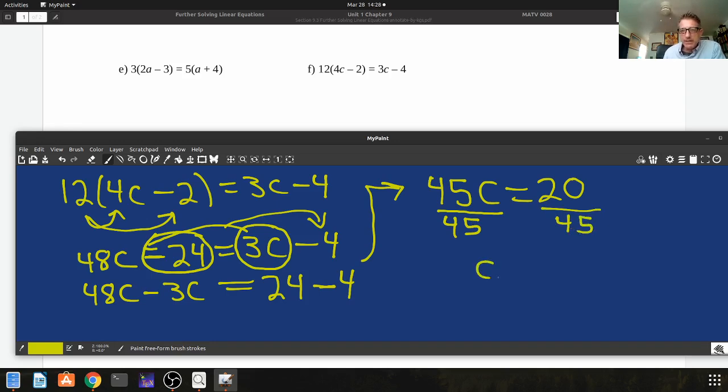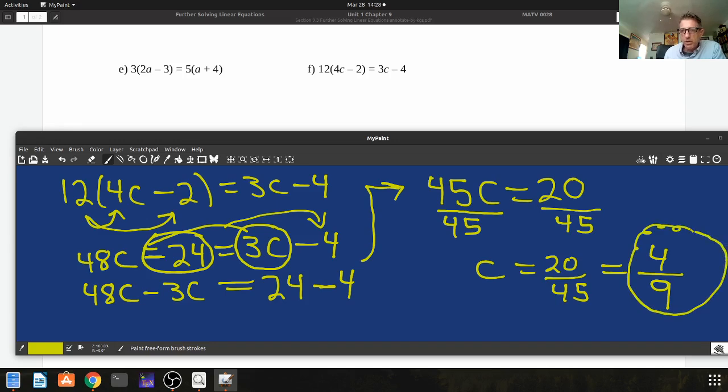And I get c is equal to 20 divided by 45. And of course we want to reduce that, and we can do it because both are divisible by 5. 20 divided by 5 is 4. 45 divided by 5 is 9. So my preferred answer is c is equal to 4/9.